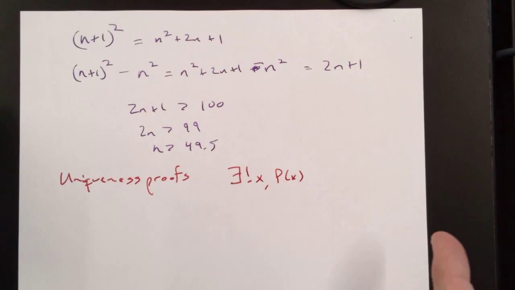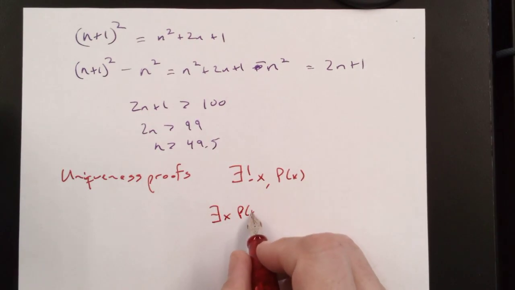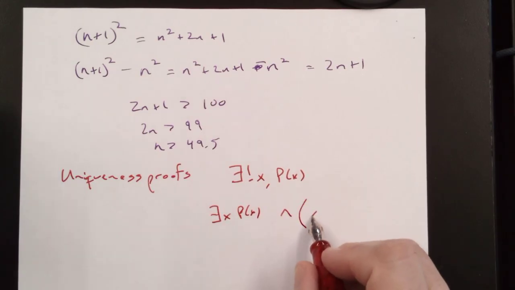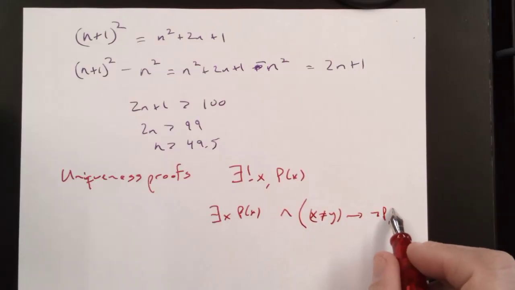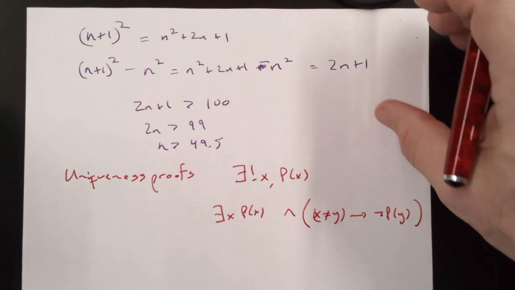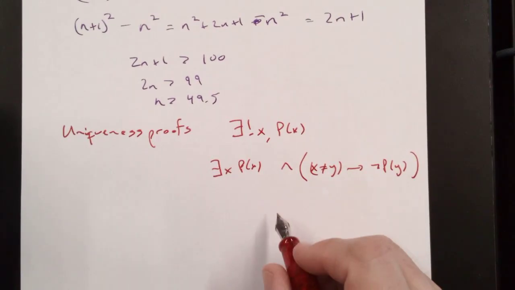That's an existence and more. What we would do is say there exists x, p of x, and if I pick a y that's different, then not p of y. Which, by the way, we would almost always prove using contraposition.